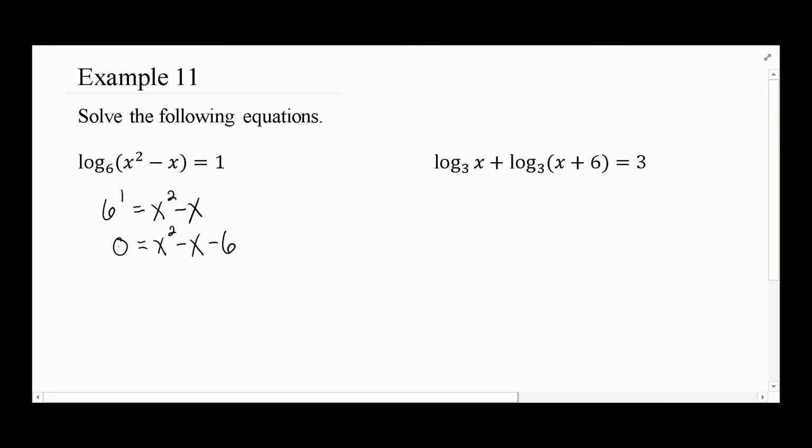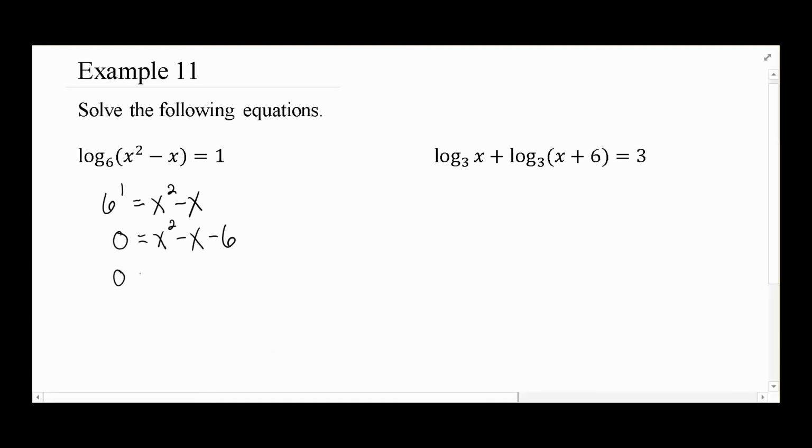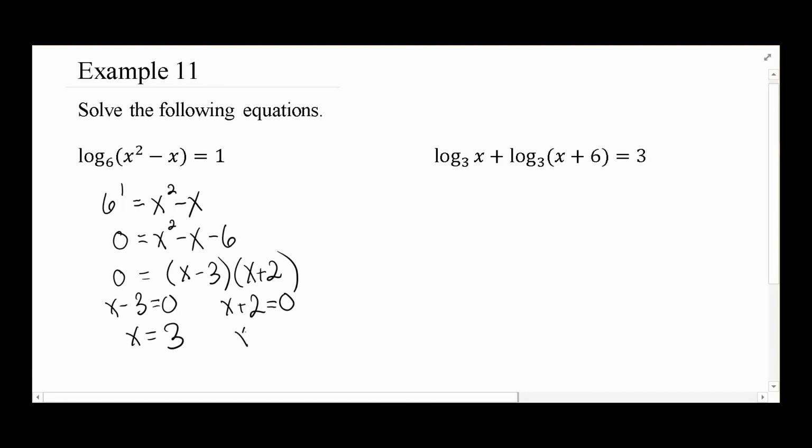Then to solve a quadratic equation, we try to factor. If it's not factorable, we use the quadratic formula. Now this one actually is factorable, so we're going to factor it as x minus 3 and x plus 2, meaning either x minus 3 could equal 0 or x plus 2 could equal 0, meaning x could be 3 or negative 2.